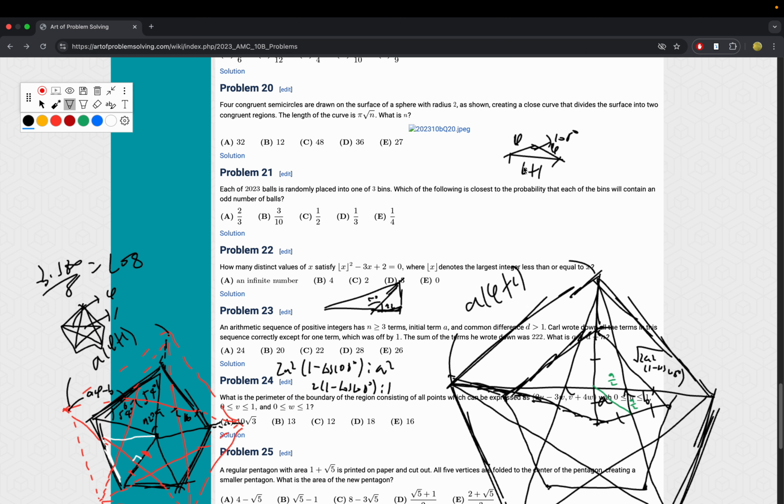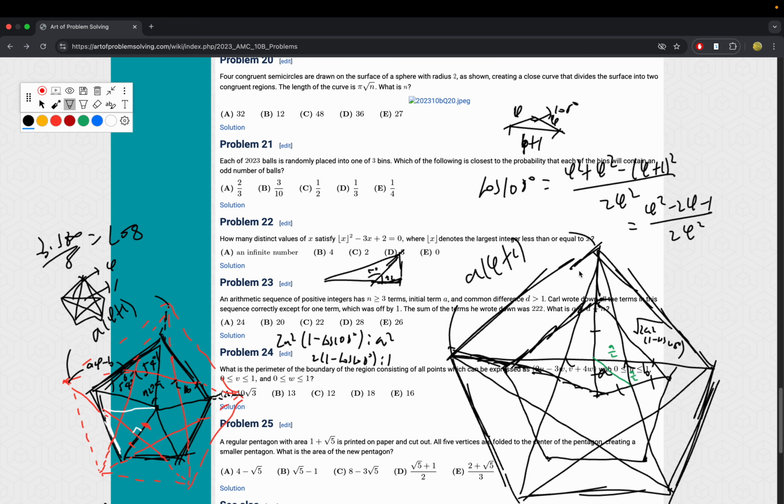We can use this. Then cosine 108. Why? Okay. I am so disappointed in myself that I couldn't think of this.